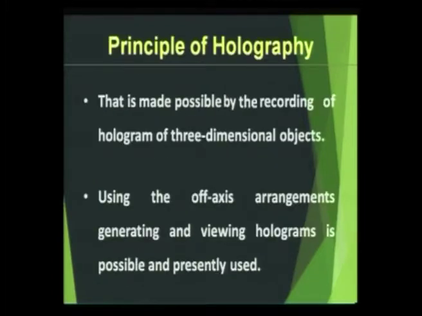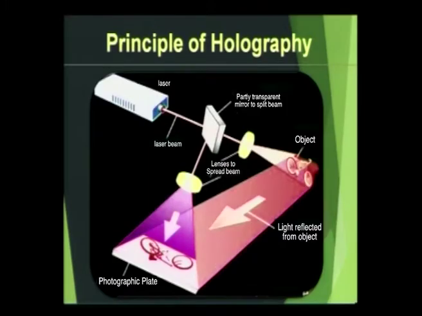With regard to the principle of holography, it has made it possible to obtain 3-dimensional images of objects using the off-axis arrangement. Generating and viewing a hologram is possible and presently used.